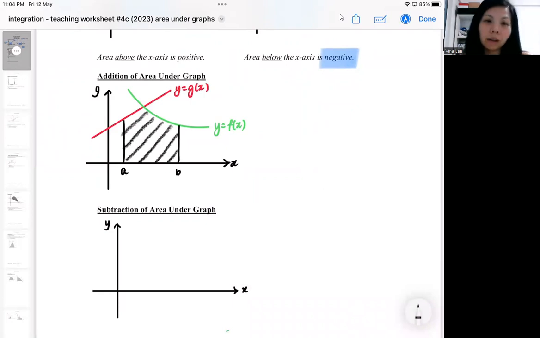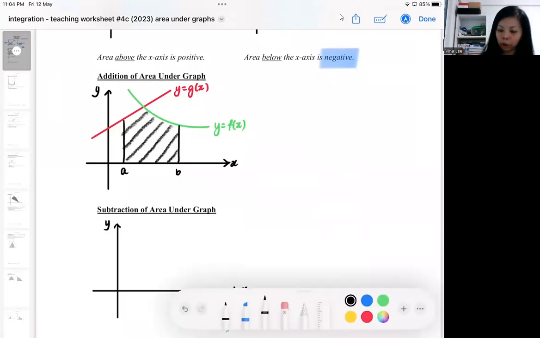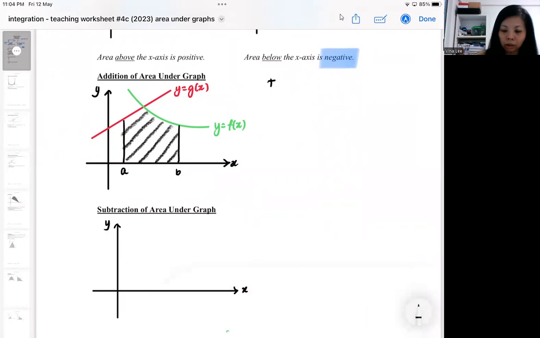What you need to realize is that some of the area is under the straight line, and some of the area is under the curve. Because they are under different equations, you actually have to separate them. The trick to separate them is to dot down the intersection. A lot of students usually don't have this instinct.